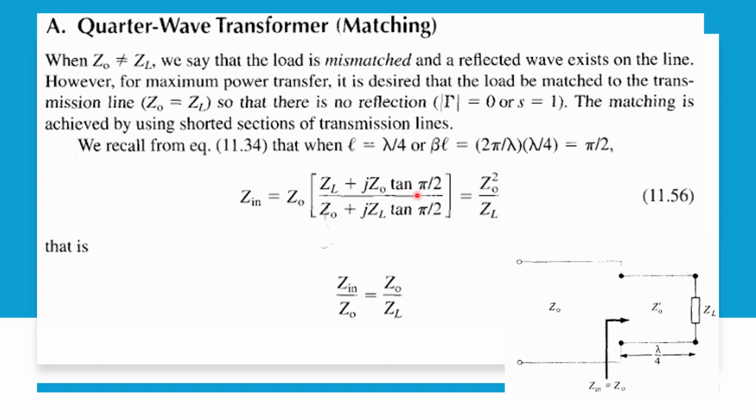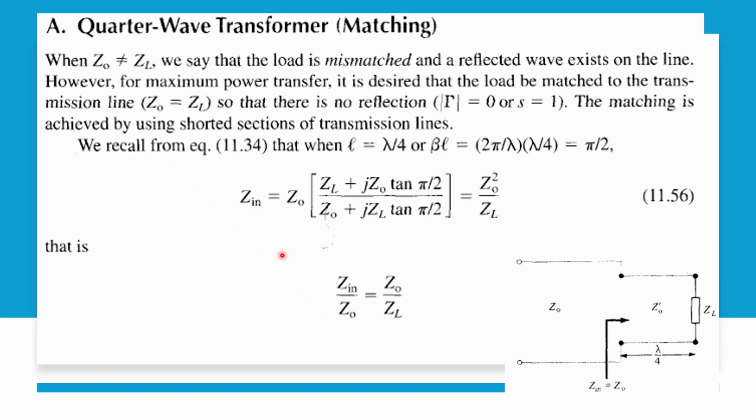Now beta L can be replaced by pi by 2, and since tan of pi by 2, that is tan 90, is a very big number, meaning infinity, ZL can be neglected. Similarly, Z naught can be neglected, so Z naught by ZL is equal to Z in. So Z in will be Z naught into Z naught by ZL.